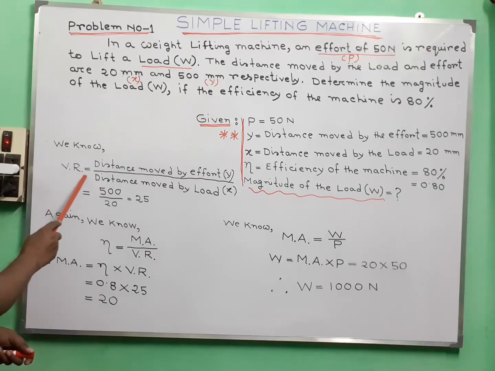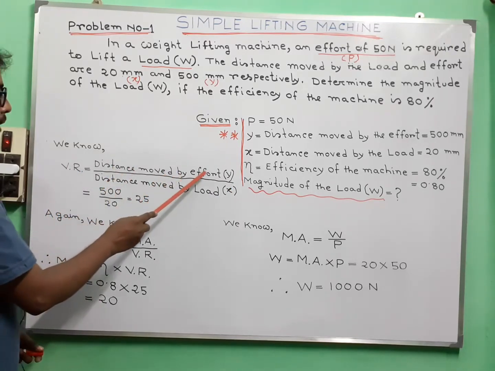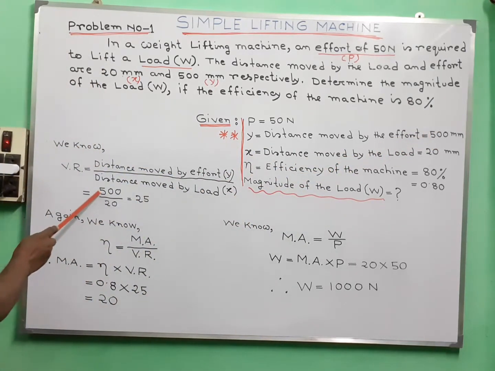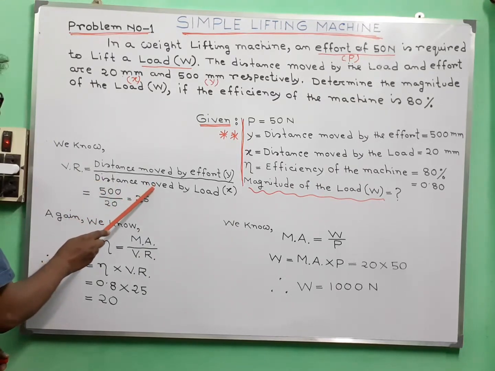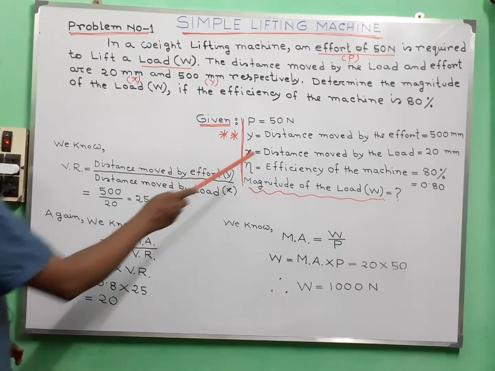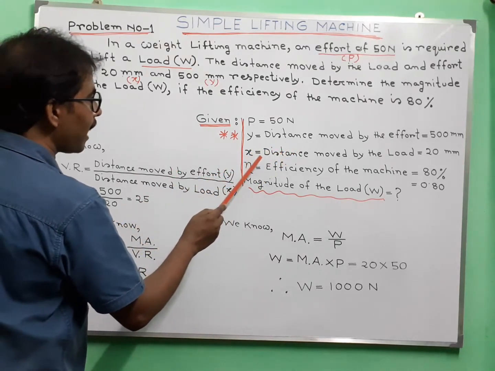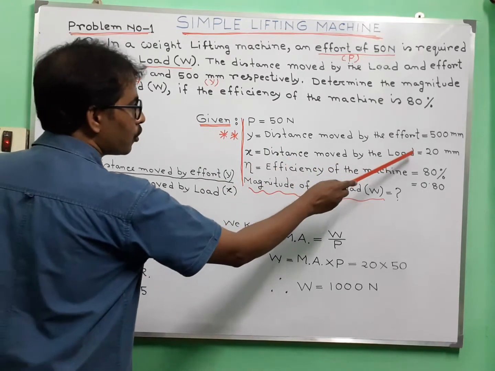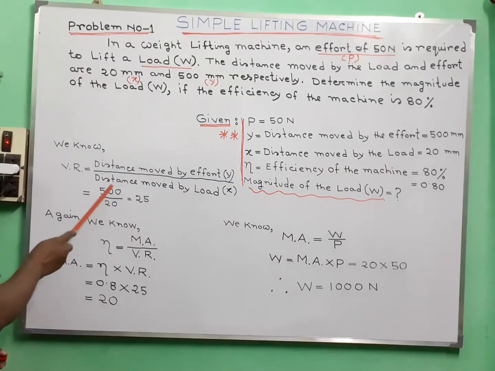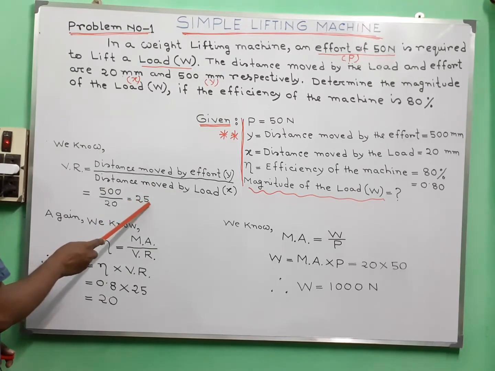So velocity ratio, y equal to 500 millimeter, x equal to 20 millimeter, equal to 25.